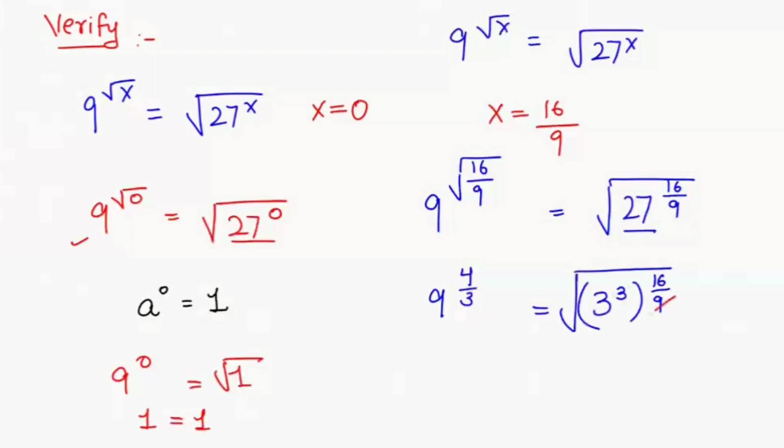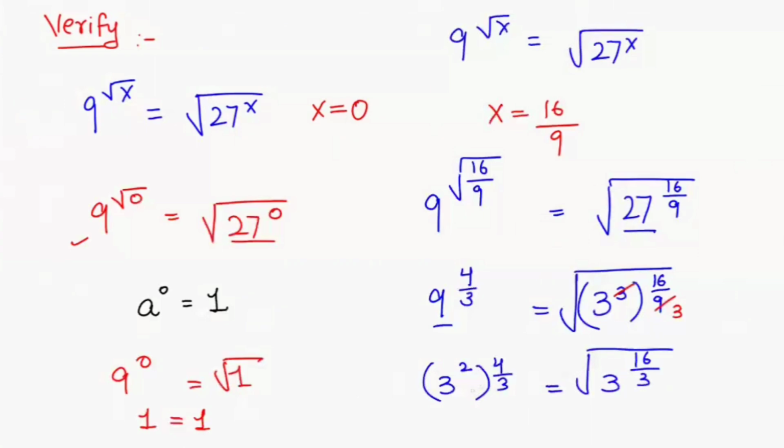Here this will be reduced to 3. So the next expression we will get, this I will write in the form of power, 3 to the power of 2 and whole to the power of 4 over 3 is equal to, here I will write 3 to the power of 16 over 3, and this is under root.